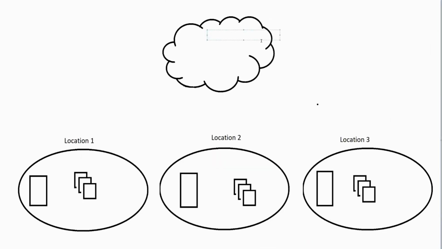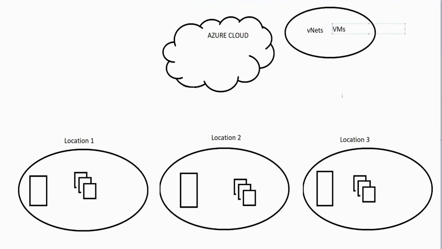And so we could use the Azure cloud itself, the Azure network itself, as a means to allow traffic to pass between these locations. On top of that, on the Azure network, we've also got our VNets, virtual networks, and connected to those VNets we've got VMs, virtual machines. It could be servers, workstations, all of that stuff that's out in the cloud. And, of course, that's connected to the Azure network as well.